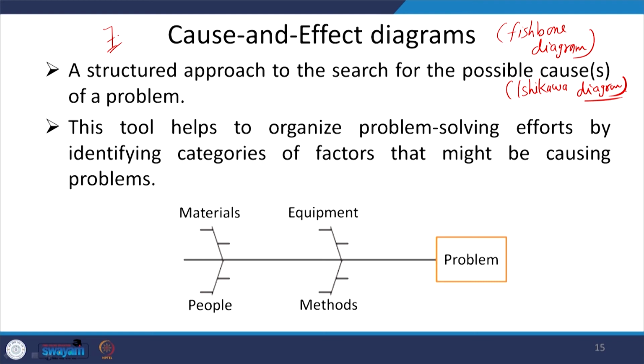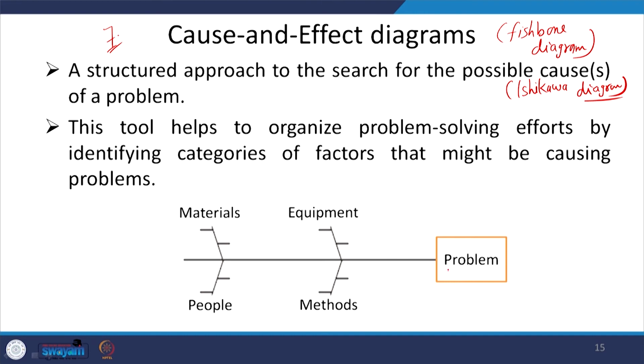Fishbone is because the shape of this diagram is like a fishbone. Here we have this particular kind of diagram where you have various branches available, and these branches are sources of problem, and as a result of these sources you have finally the defect.